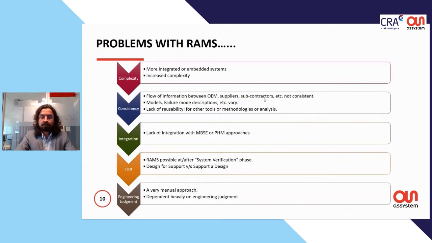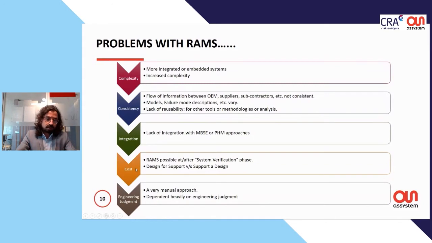They are providing you with certain RAMS analysis from their side, and you are using certain RAMS analysis from your side. Your methodologies and modeling strategy are different from theirs. And so there is a big disconnect of this information and consistency. And of course, there is the lack of reusability because of this. And also the integration part, where RAMS and MBSE are not very well integrated with each other.